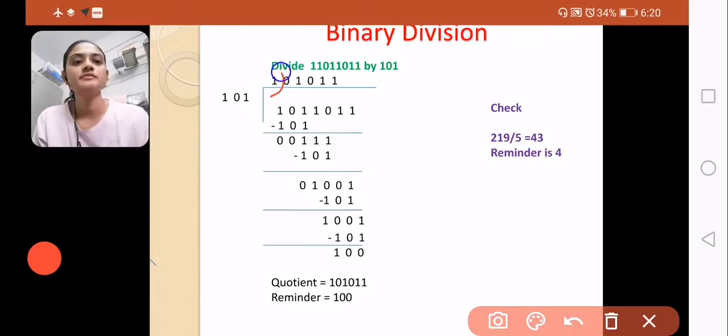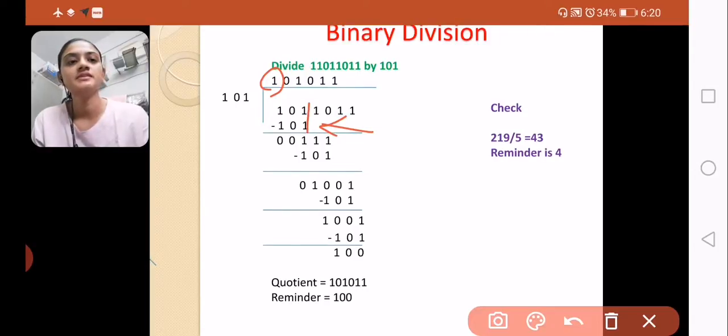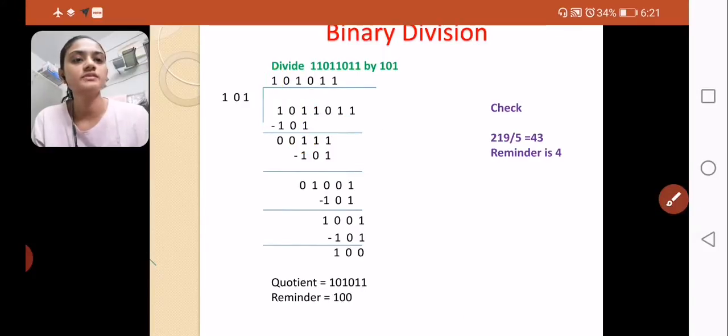So here put first 1 and write down here 101. Now do subtraction of it. 1 minus 1 will give 0. Okay, here you have to consider 0. Here you have to consider 0.